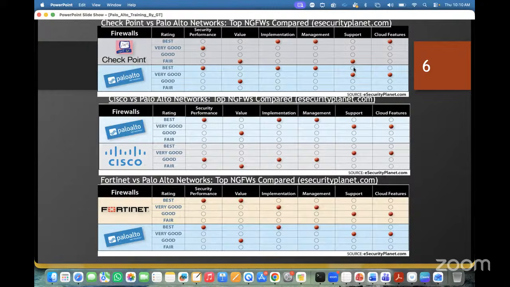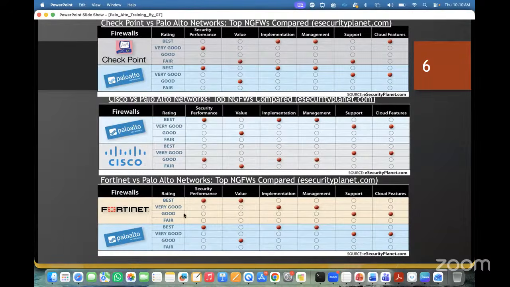So they have a lot of good features, except the cost. Cost is a little bit high because it's a brand, and a brand always comes at a higher cost compared to any other vendors.